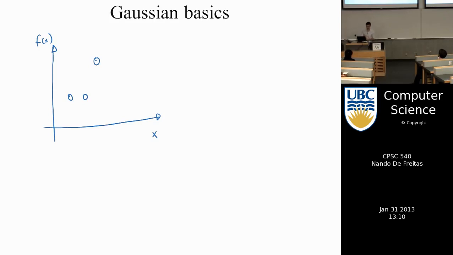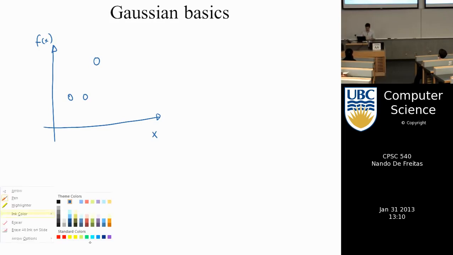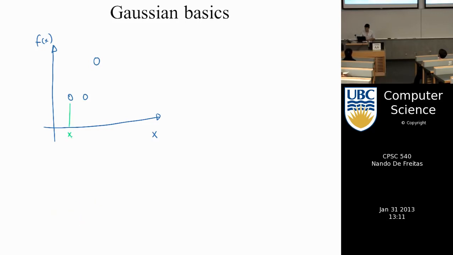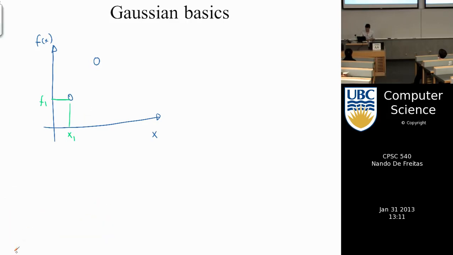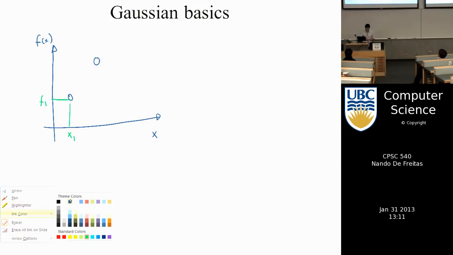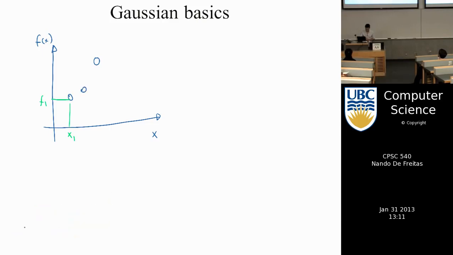I will label those data points x1 with height f1, x2, x3, and then I'm going to call this f2, and this height f3.